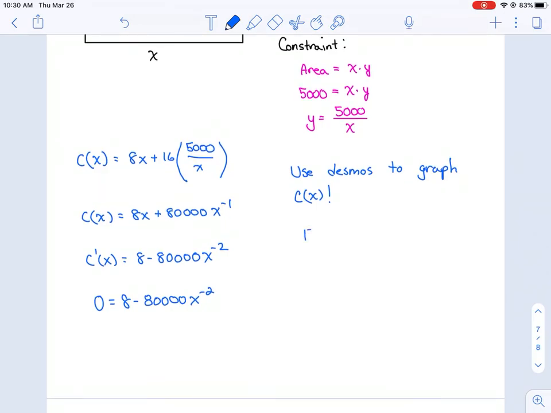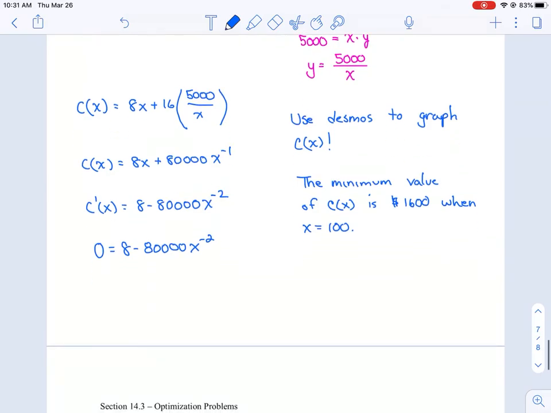And when you do that, you'll find that the minimum value of c of x is 1600, when x is equal to 100.